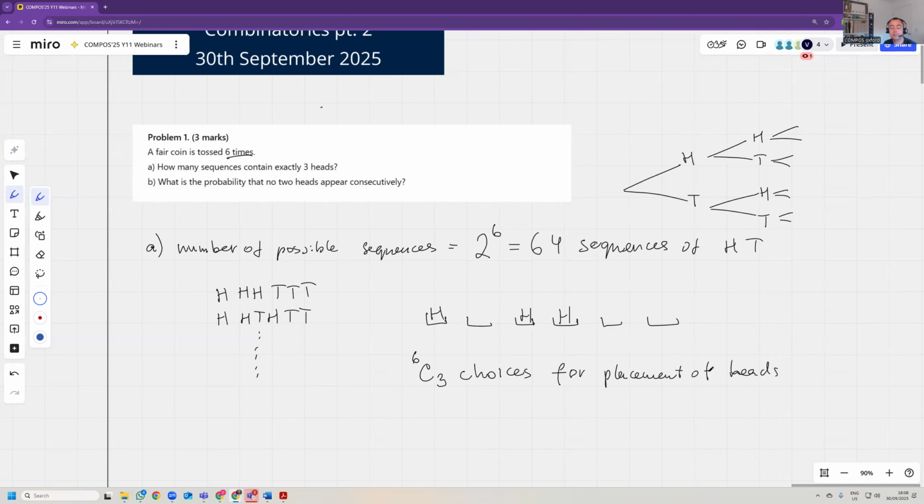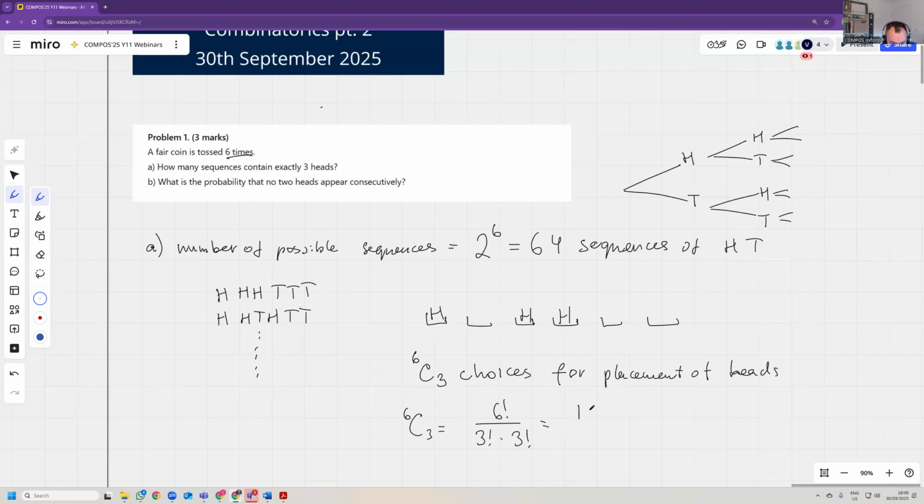And once you've placed the heads, there's only one way you can place the tails, right? The tails are non-distinguishable. So if we switch 2 tails around, it doesn't make a difference. So 6 choose 3 is 6 factorial divided by 3 factorial multiplied by 3 factorial, and that should be 20, I believe.